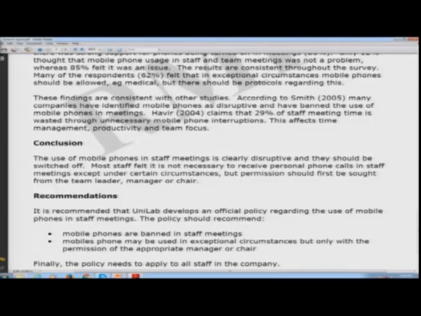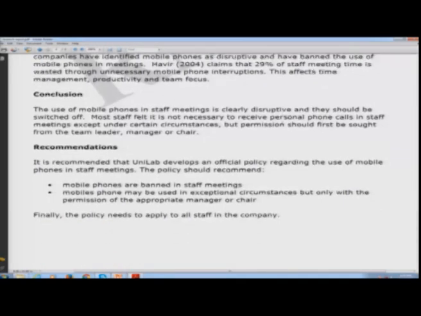Harvey 2004 claims that 29% of staff meeting time is wasted through unnecessary mobile phone interruptions. This affects time management, productivity and team focus. So, referring to some other studies, the researchers here clearly say that mobile phone usage is disruptive.